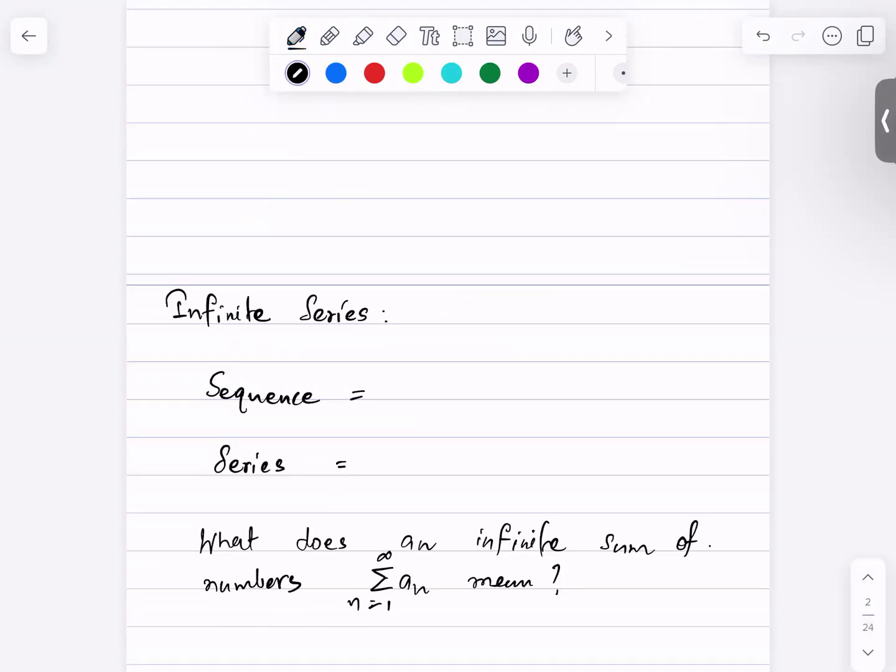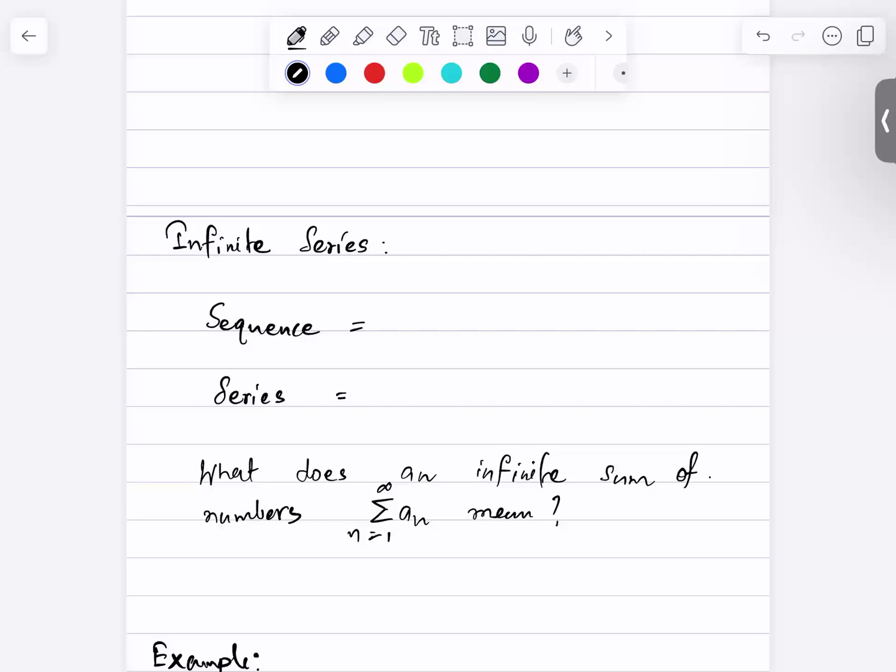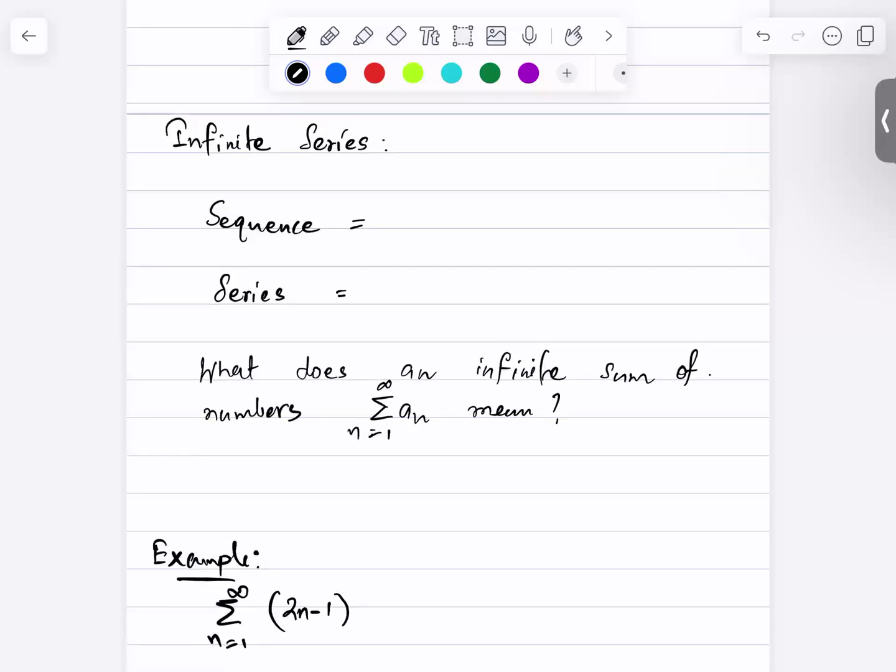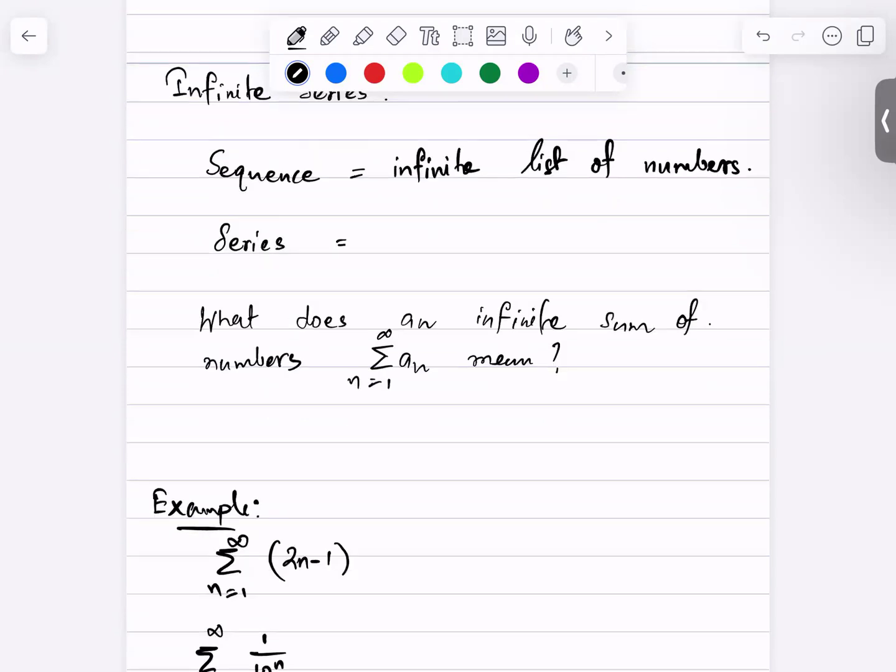Okay, so let me start by defining what infinite series are. So we know that a sequence is basically an infinite list of numbers, right? And a series is basically an infinite sum of numbers.